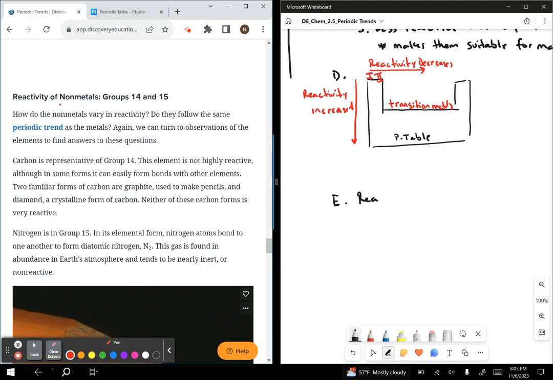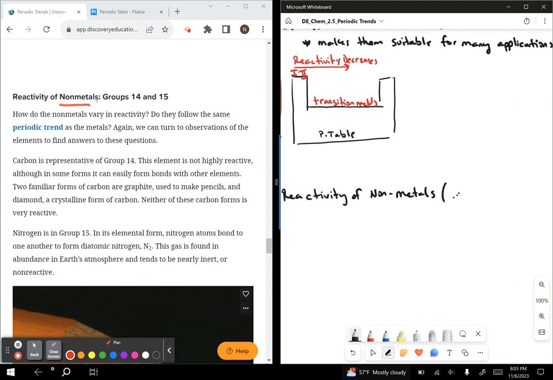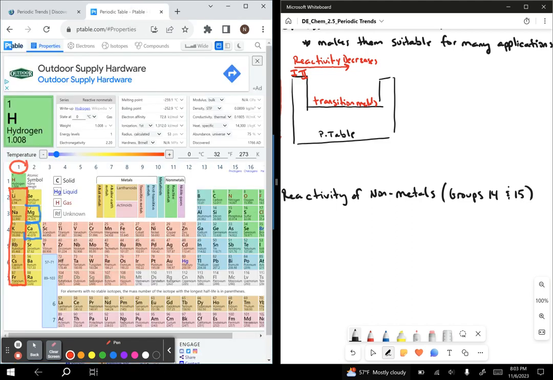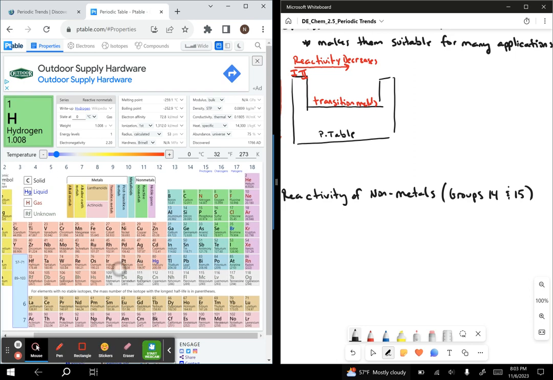Now we're talking about nonmetals, specifically groups 14 and 15. If we take a look here at our periodic table, we're talking about these groups here, group 14 and group 15, okay? So we're starting to get into the nonmetals, right?